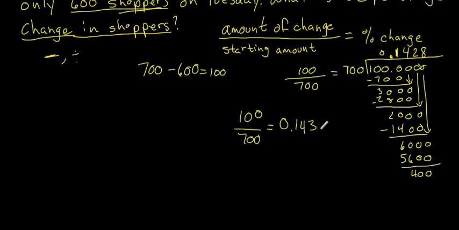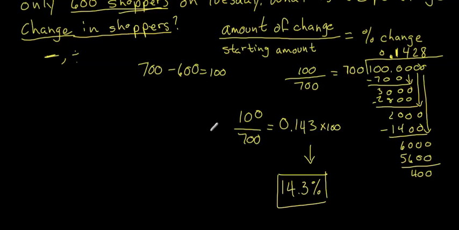So 0.143, that's our decimal. We need to change that into a percent, so we multiply that number by 100, and that would give us 14.3%.